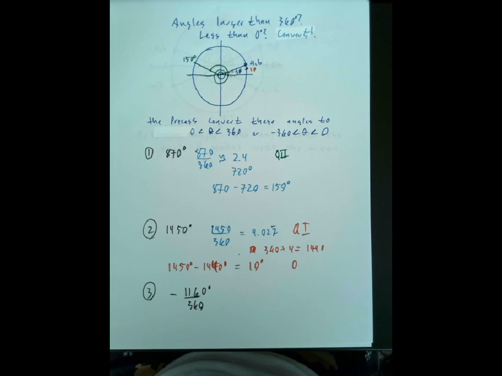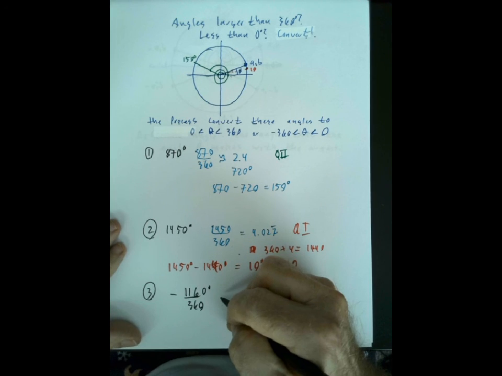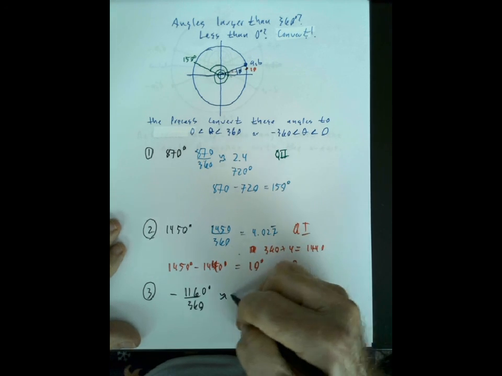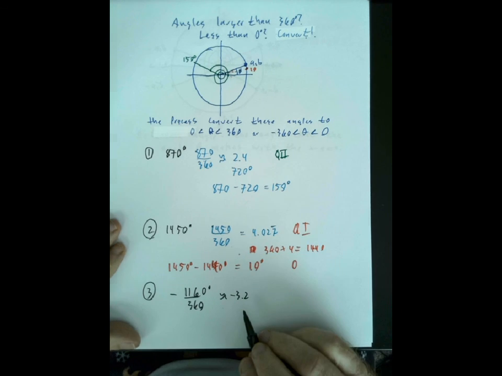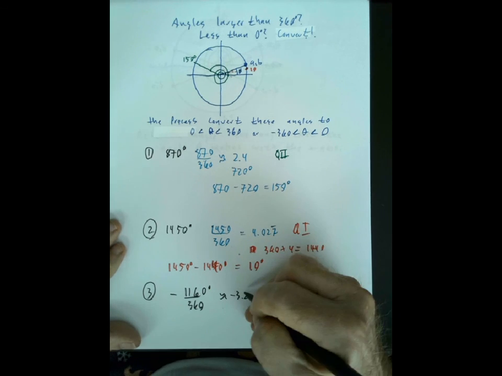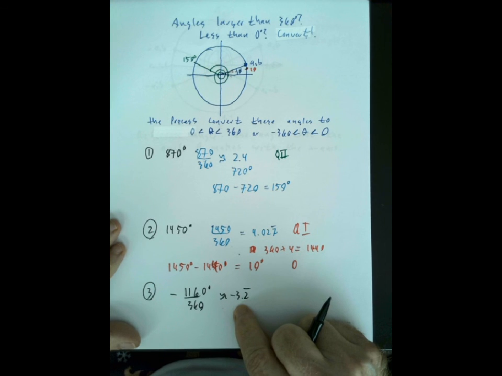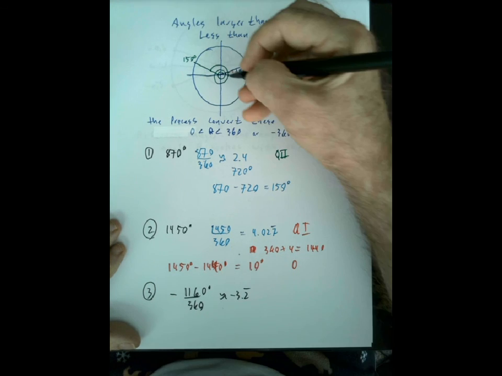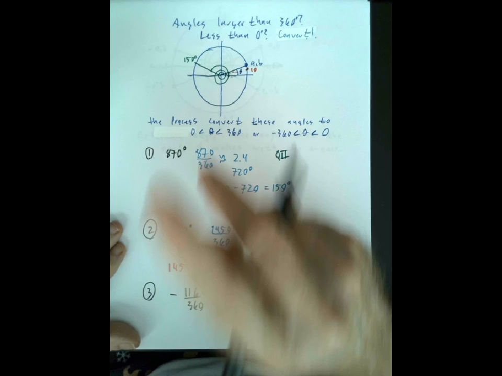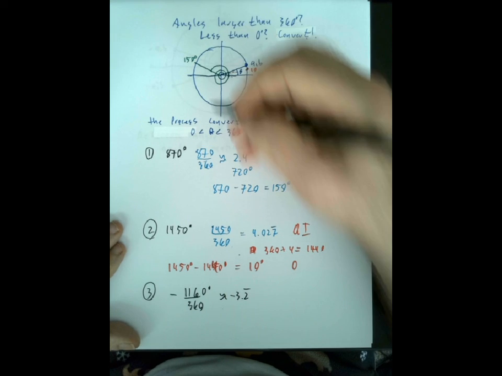So that's negative 1160 divided by 360, and that is negative 3.2, with the 2 repeating. That means it's going backwards 3 rotations plus a little bit more in the backwards direction.